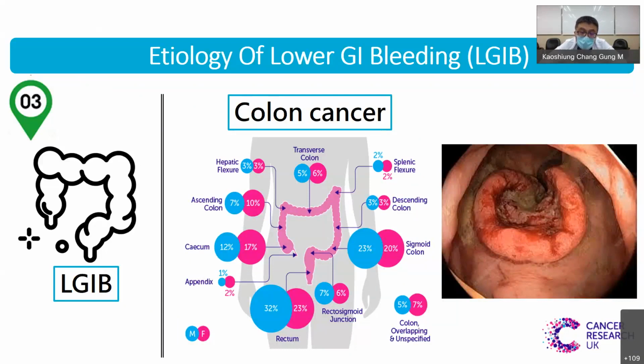So if patients have intermittent bleeding, and patients are elderly or have colon cancer history, you need to be aware that the bleeding may be from colon cancers. As the pictures show, the most common site of colon cancer is the rectum, followed by the sigmoid colon and cecum.